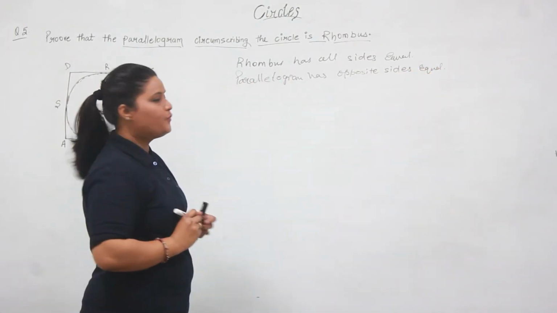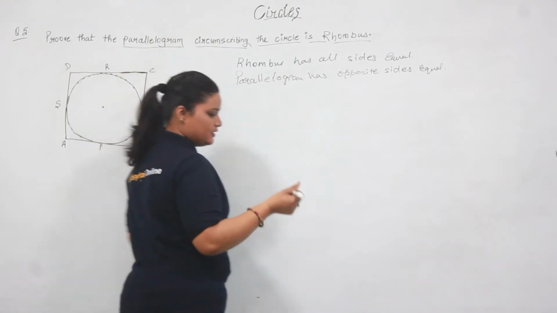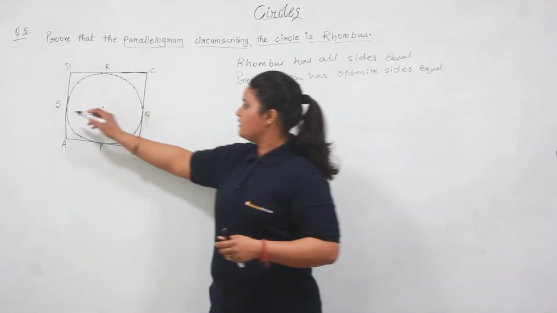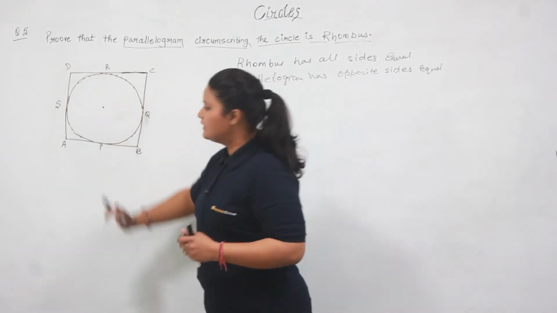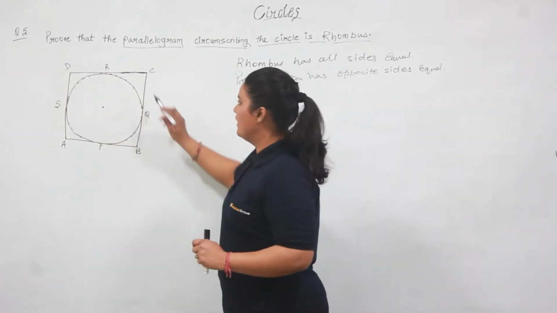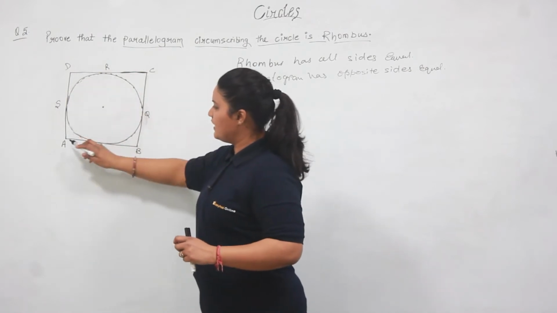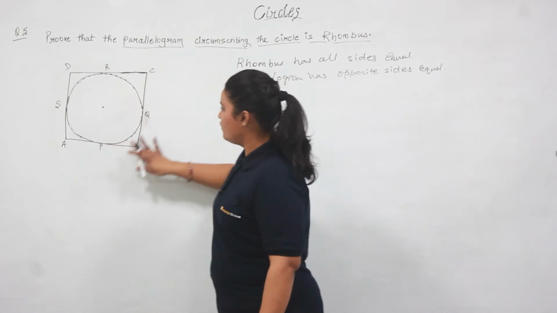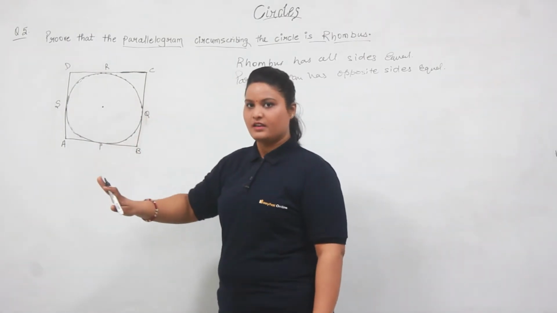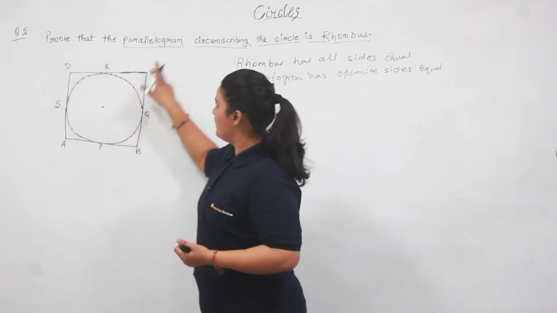So if I prove that these sides, like DC is equal to DA, if I am able to prove that DC is equal to DA, then I'll be able to prove that it will automatically be equal to the other sides also, right? Because it is a parallelogram.